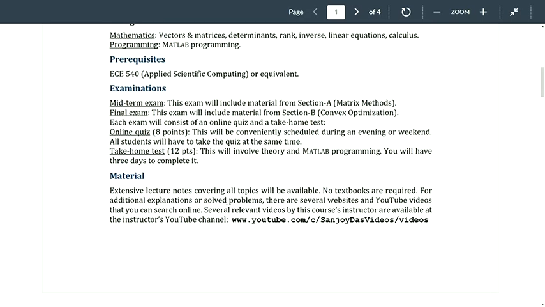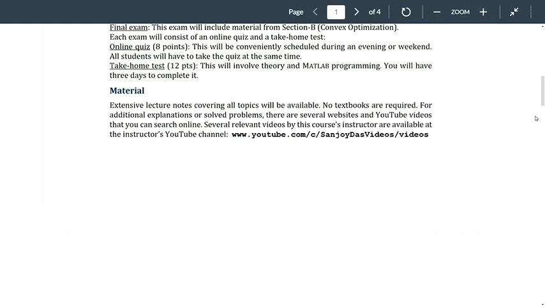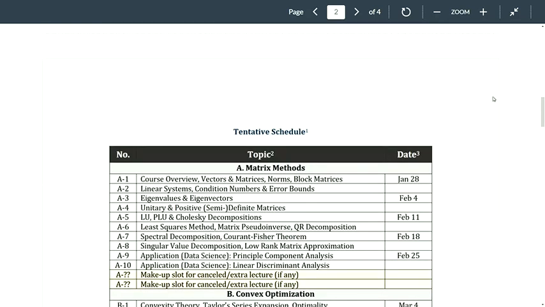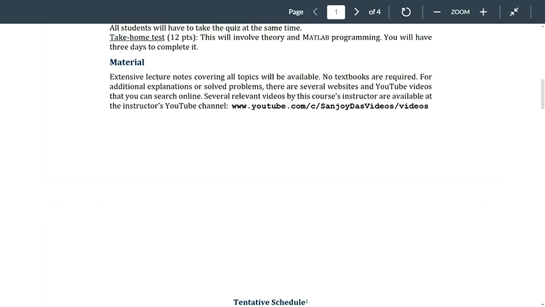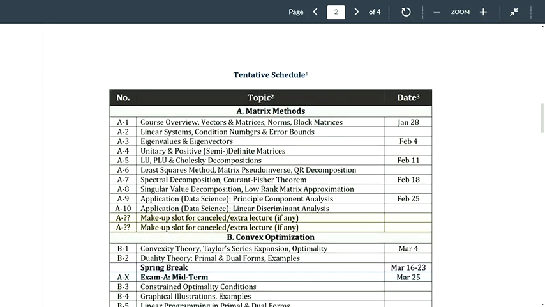And I have extensive lecture notes, so you don't really have to consult any outside resource, notation differences and so on. I found that my lecture notes are more than enough.